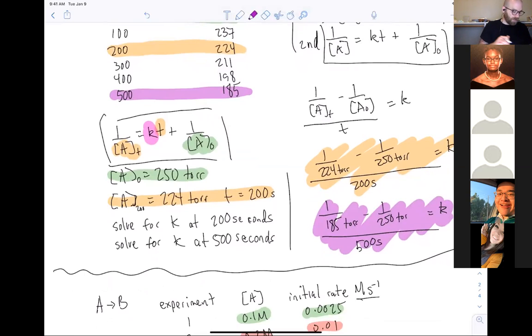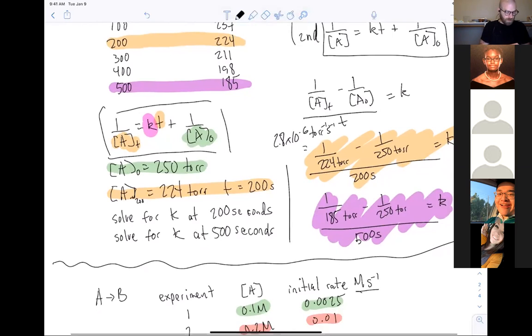Reasonably small rate constant here. For this one I come out with k equal to 2.8 times 10 to the minus 6. What are the units on that? It should be inverse torr seconds or something. I think that's right.